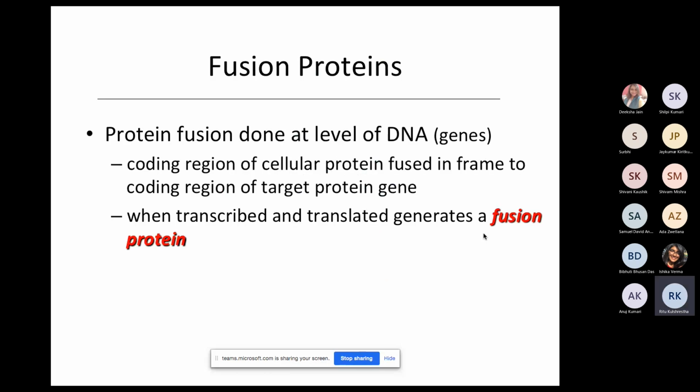So fusion proteins are those in which the coding region of your gene of interest is fused in frame to the coding region of the target. Any two proteins or any two entities, it can be a peptide, in frame with your gene of interest, then we say that it's a fusion protein.